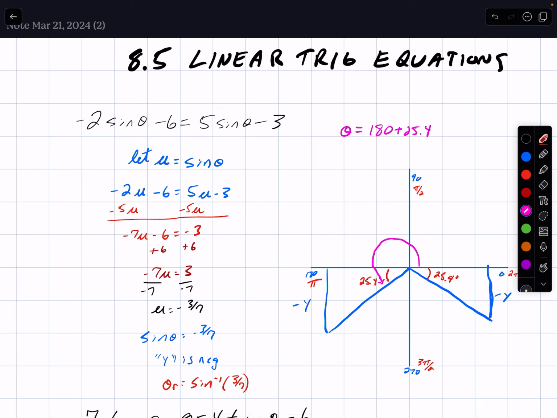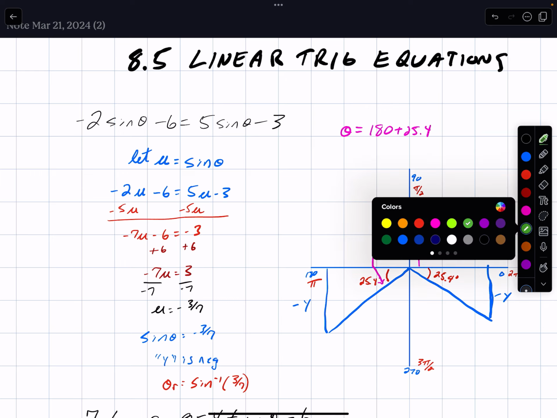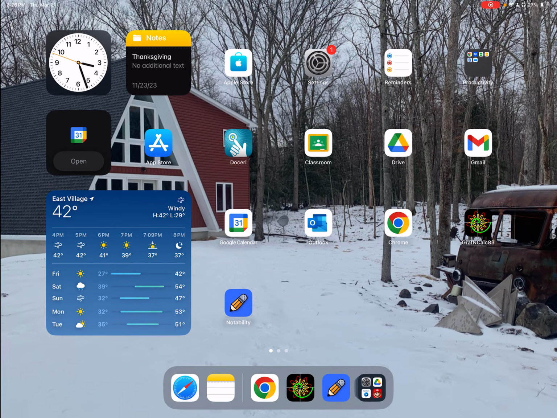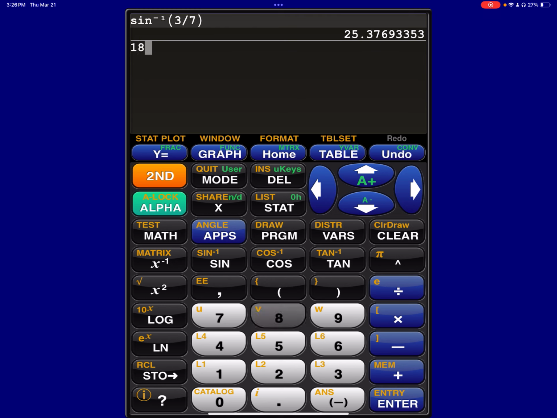The second rotation goes all the way around, so it is equal to 360 minus 25.4.